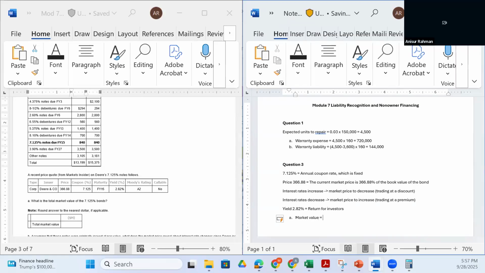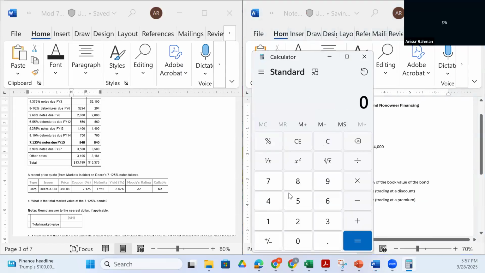Remember this has to be in percent, so 366.88% means 3.6688. So 840 million times 3.6688. It says to the nearest dollar, so I'll type 3082.